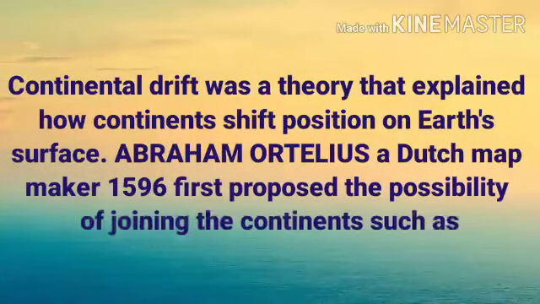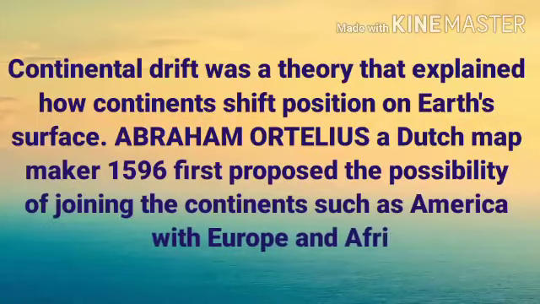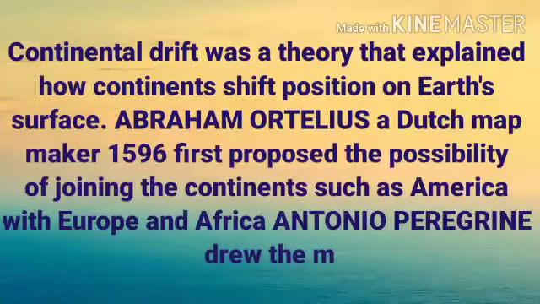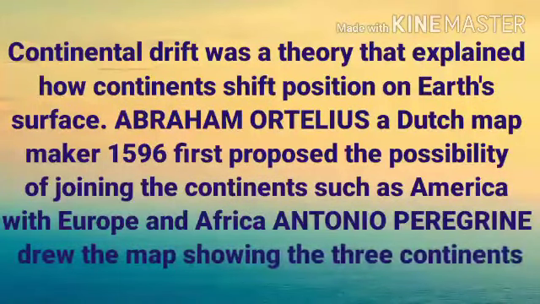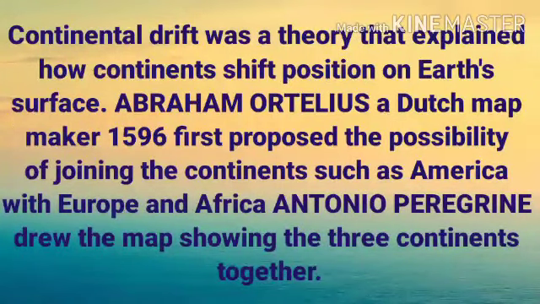Abraham Ortelius, a Dutch mapmaker, in 1596, first proposed the possibilities of joining the continents such as America with Europe and Africa. Antonio Pellegrini drew the map showing the three continents together.